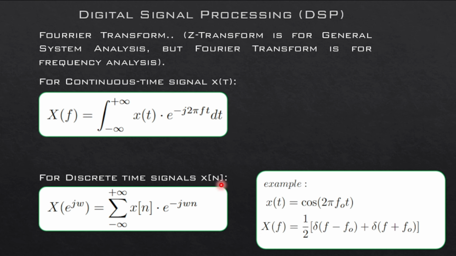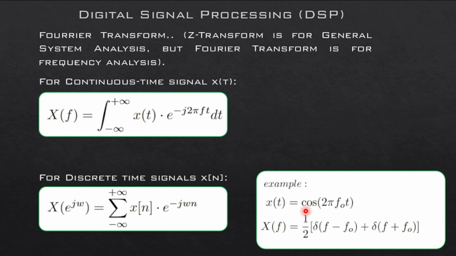For discrete time signals xn, you have X(e^jw) equal to the sum from minus infinity to plus infinity, because we're talking about discrete time signals, of xn instead of xt, times e to the power minus j omega n. So as an example, you have cosine 2 pi f0 t, okay?